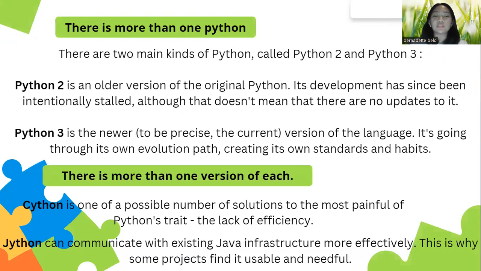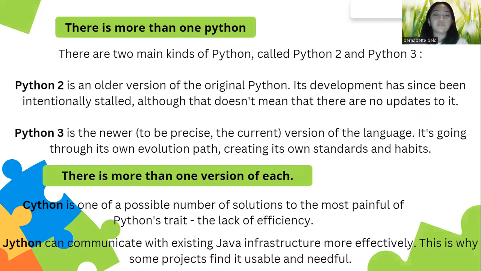It was widely used for many years, but now it's considered outdated. Python 3 is the current and recommended version, as it has improvements and fixes over Python 2. Many developers have migrated to Python 3, and new projects are encouraged to use it for better features and long-term support.